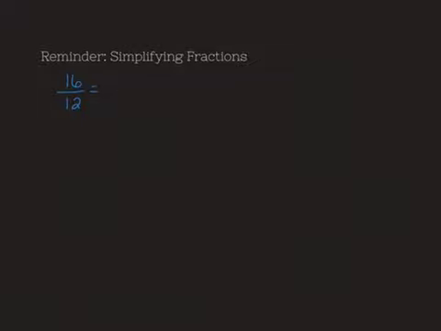So the biggest factor that 16 and 12 have in common is 4. So I could rewrite 16 as 4 times 4, and I could rewrite 12 as 4 times 3. Now, because this is written as multiplication, I can go ahead and cancel out one 4 on the top and one 4 on the bottom. So this reduces down to 4/3.